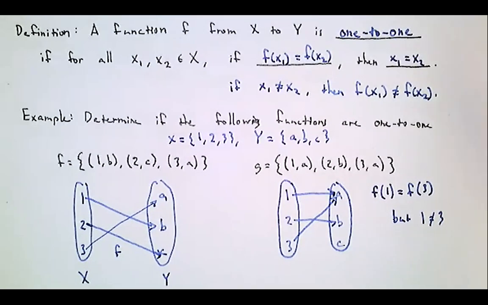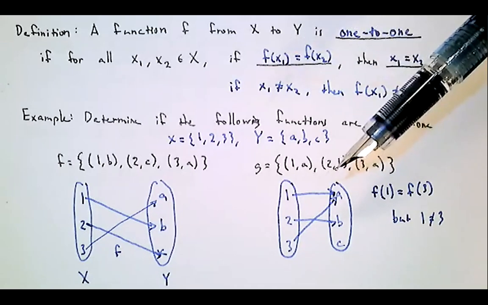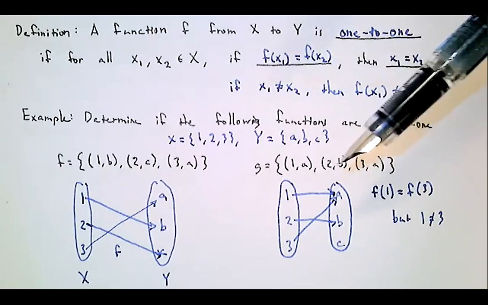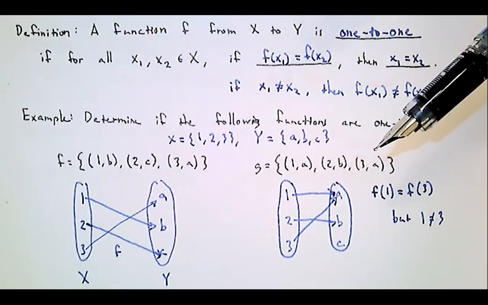Okay, so no one's asking any questions, but you might be trying to decipher what this means. And this definition can be a little cumbersome to think about when you first see it. I think the best way to think about a one-to-one function is that if you have different inputs into your function, then your outputs are going to be different as well.